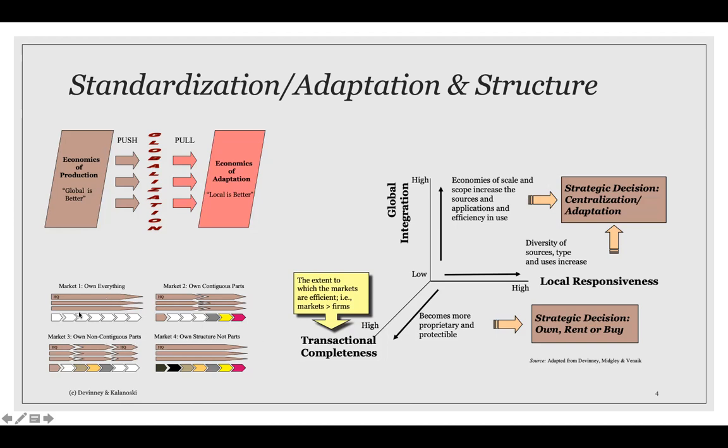And here are four examples of this, which we talked about. I can have one structure where I own everything. I internalize all the activities of the value chain, from sourcing to the customer. In another situation, I might own contiguous parts. I might own the upstream operational aspects of this. I might hold the intellectual property and things like that.